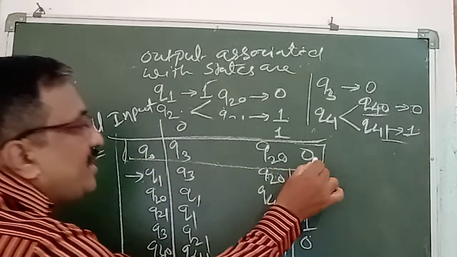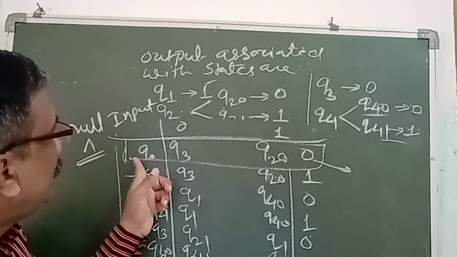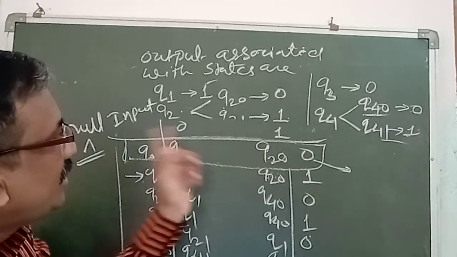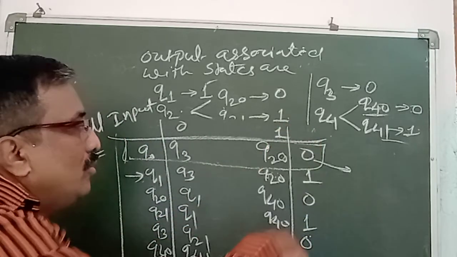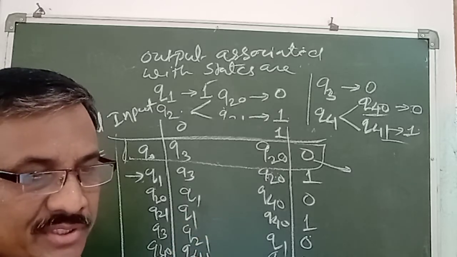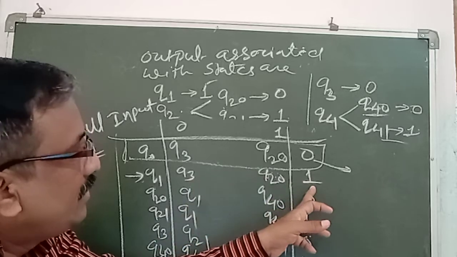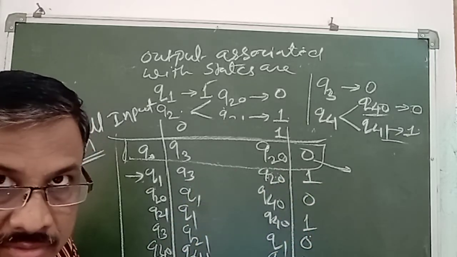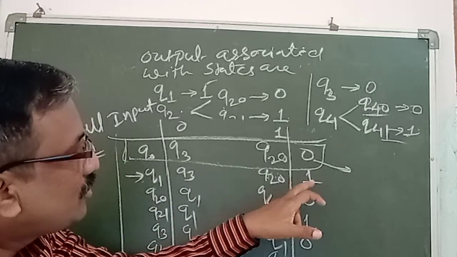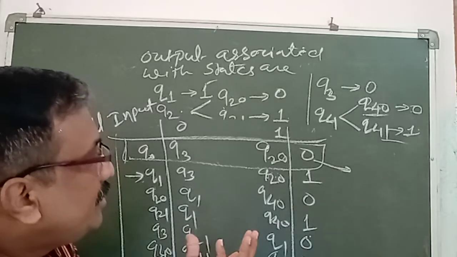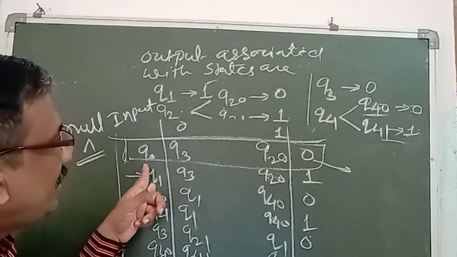We have to add this extra state as Q0 to accept the null input string to show the output as 0, because this machine is input independent machine, and at state Q1 it shows the output of 1. That means for null input or string with invalid input, it will show the output of 1, which is not the property of Mealy machine. So we have to add extra state.